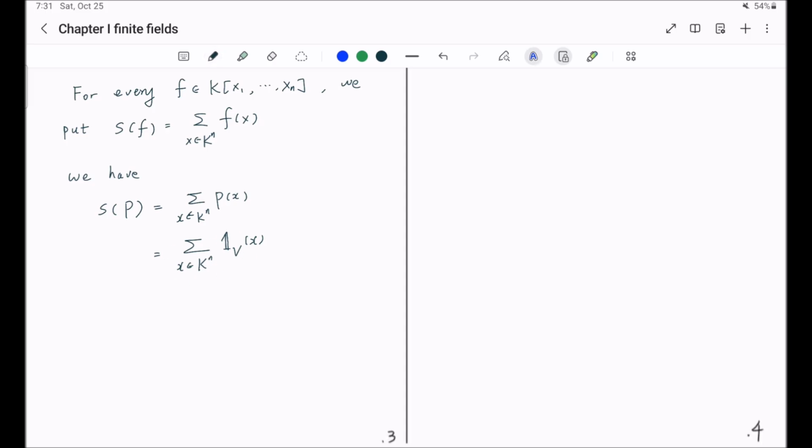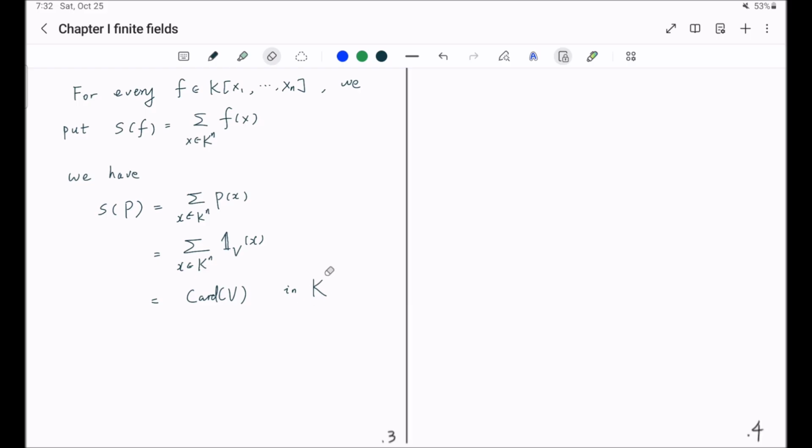And what does this mean? This means we are counting how many ones there are in this sum. And this is equal to 1 if and only if x is in V. So this is really the cardinality of V. But I must emphasize that this equation holds in K, because each element here is an element of K, and K is a finite field.